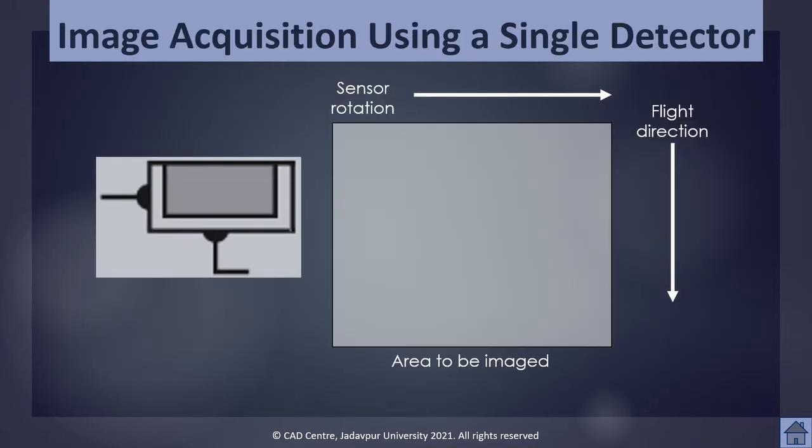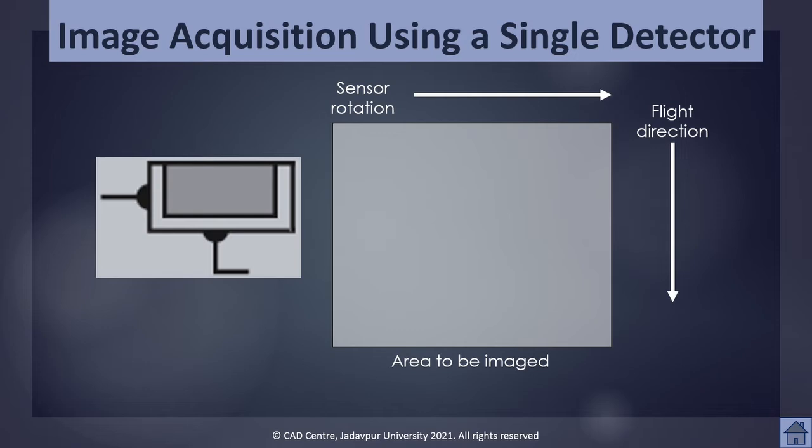Now, an image is created with many pixels. An image is basically an array of pixels; many pixels will be there. From the previous discussion, we have seen that a detector creates a single pixel in an instant.